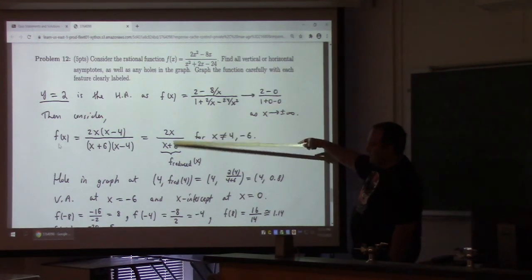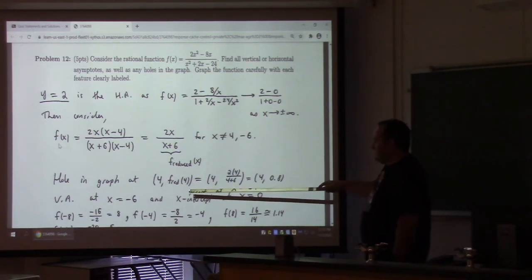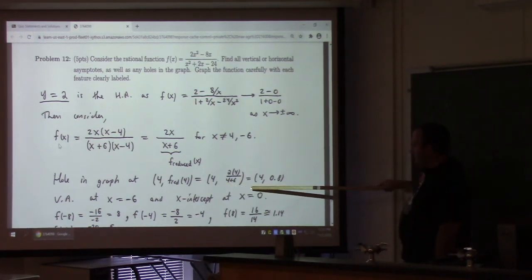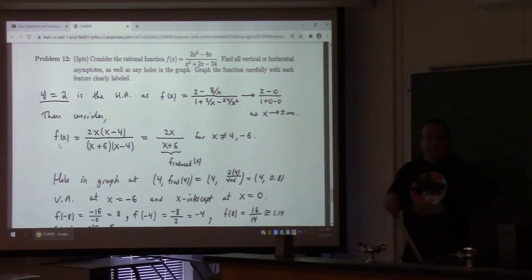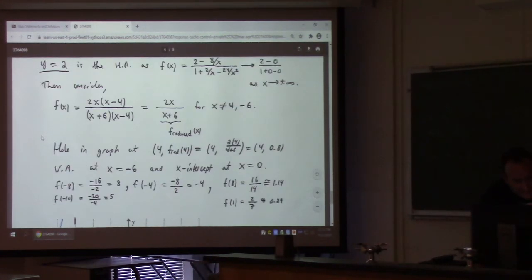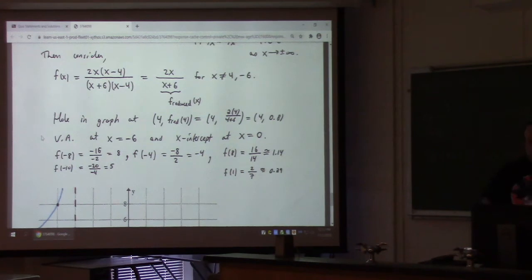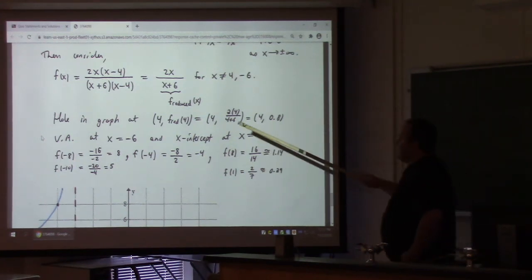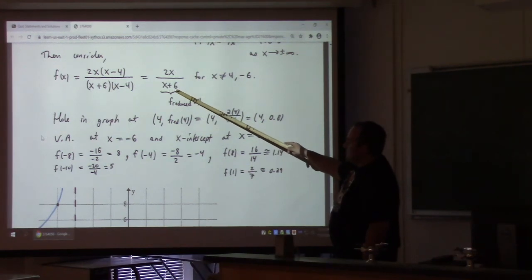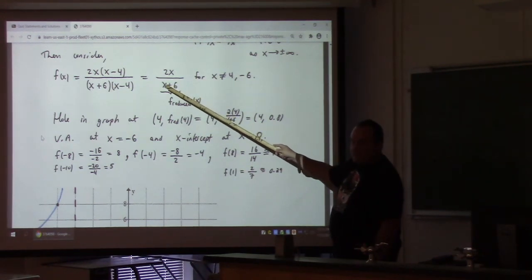So that's going to tell me where the hole actually is in terms of y. So 4 comma reduced function of 4 gives me where the hole is, which is actually 4 comma 0.8. So 0.8 is where that hole is in the y, and it's at x equal to 4. Now there's a vertical asymptote at x equals minus 6, right? Because we have x plus 6 in the denominator unopposed by anything in the numerator.